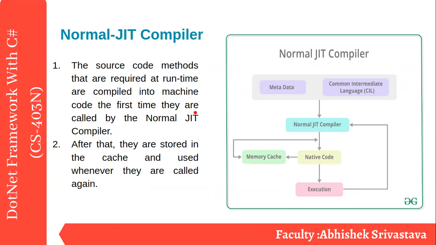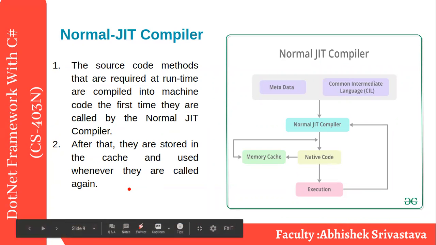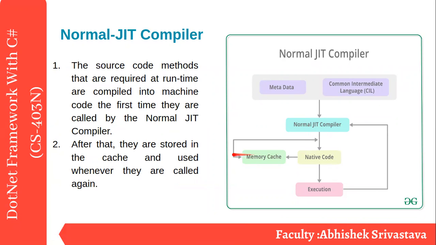Required means not all, only those which are required are compiled by the normal JIT compiler, the first time they are called. After that, they are stored in the cache and used whenever they are called again. So once they are compiled by the normal JIT, they are kept in the cache and keep being called from the memory cache.